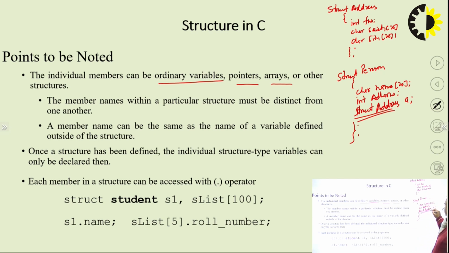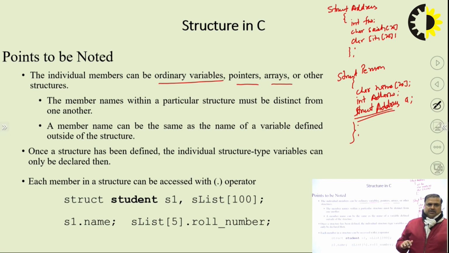So this is itself a structure. So what I am saying is, one structure may contain ordinary variables, pointers, arrays, and they can even contain a variable of another structure.